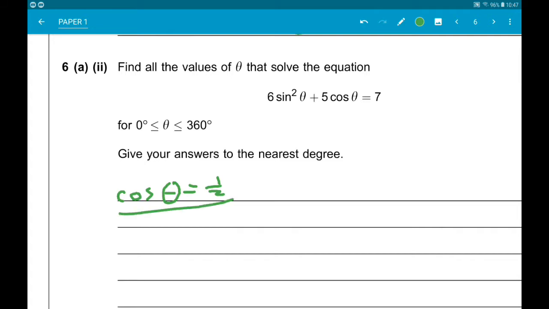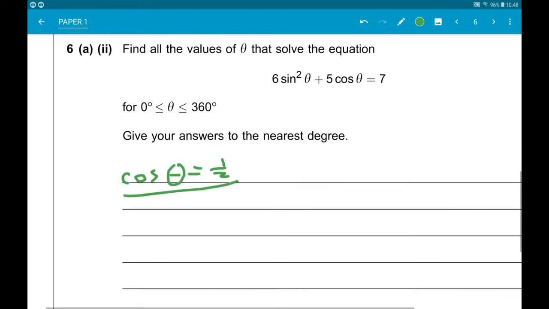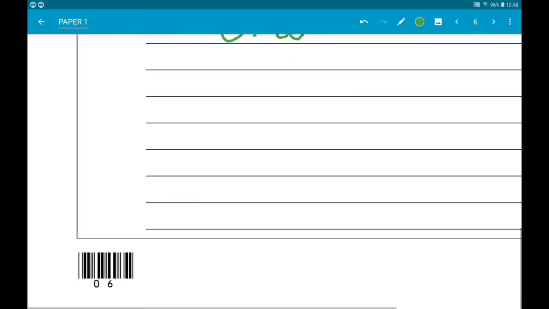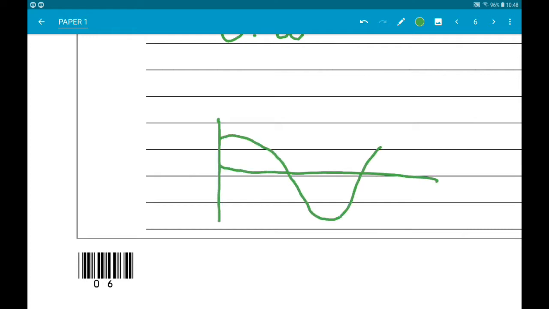So if we inverse cos of 1/2, we get 60 degrees. Now we're also going to get another one. So remember, cos looks like that.